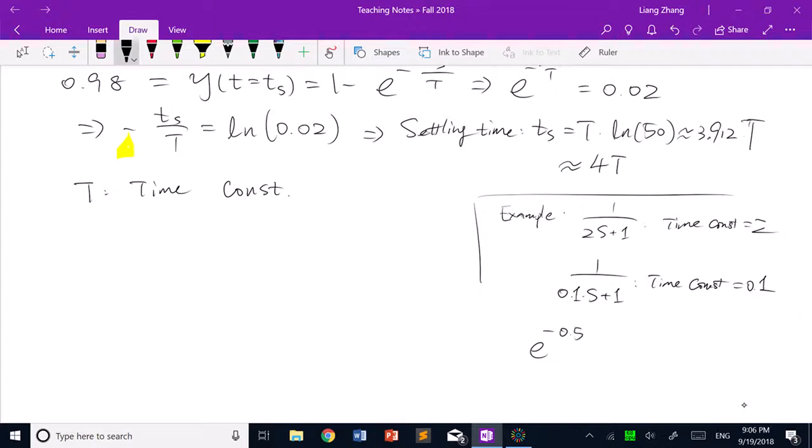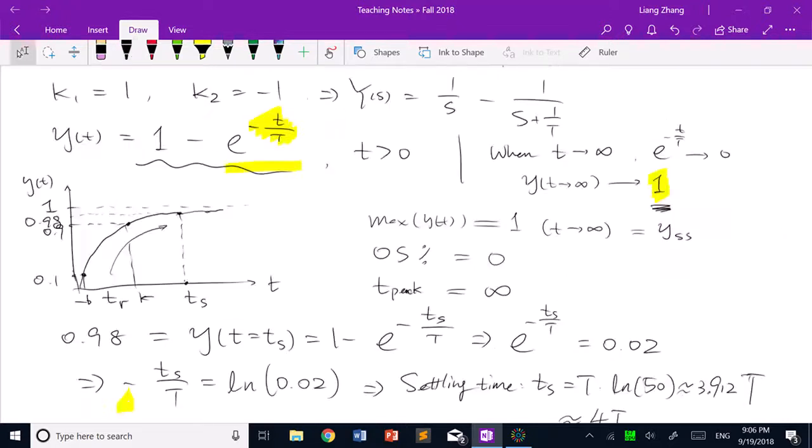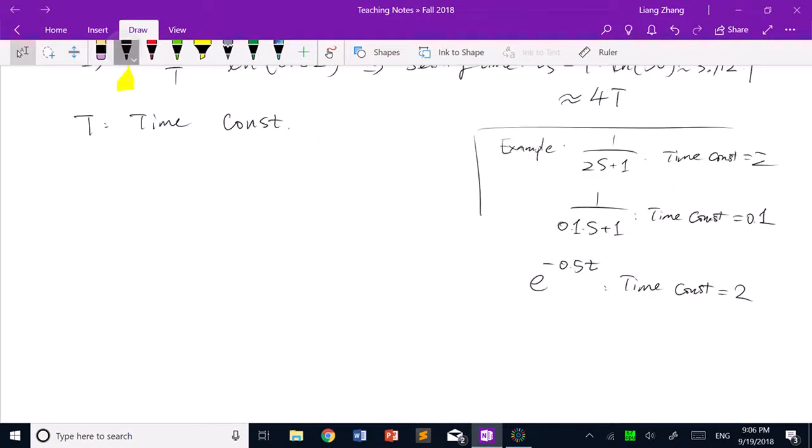For instance, if you look at the exponential signal e to the negative 0.5t, our time constant will be what? It will equal 2, since 0.5 times t is t divided by 2, if you want to put the time constant in the denominator as you have it up here.